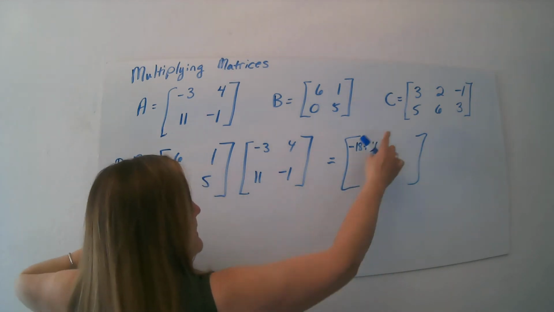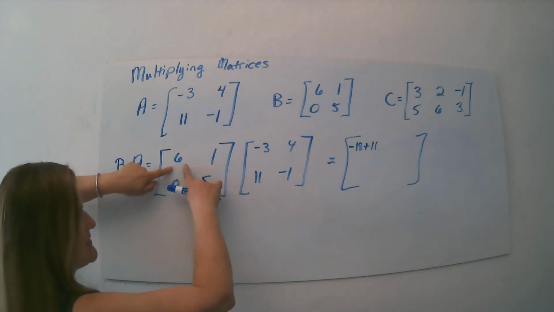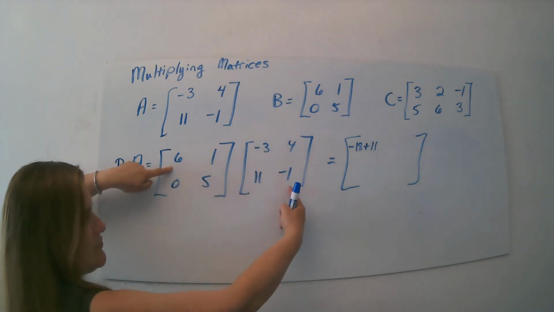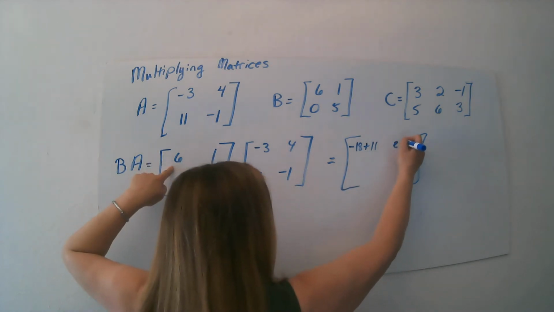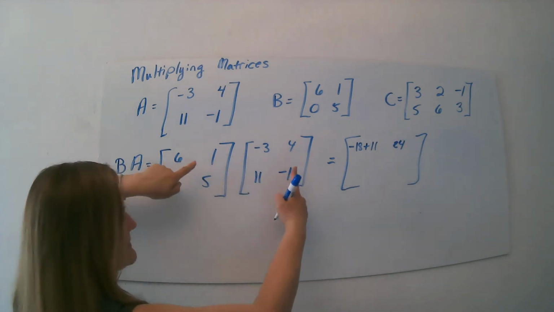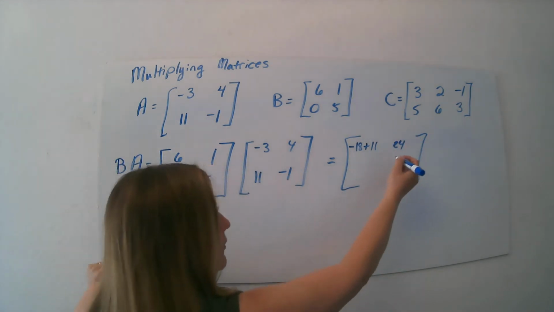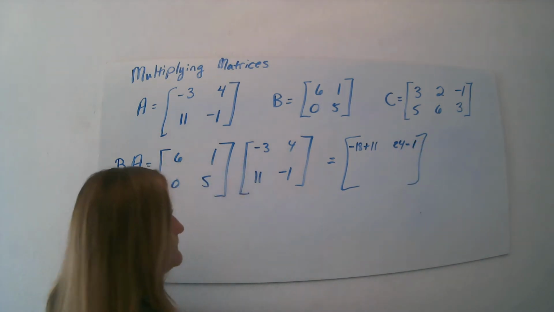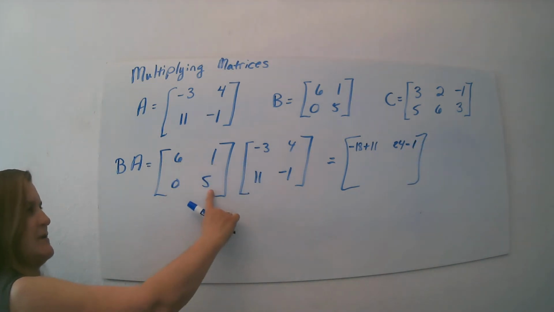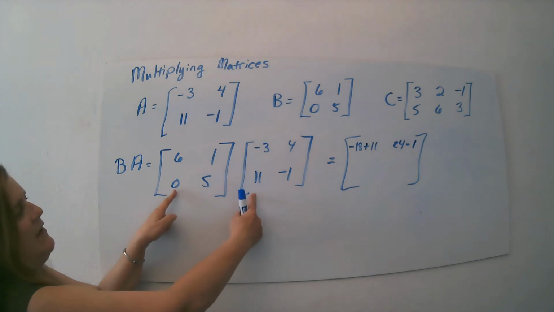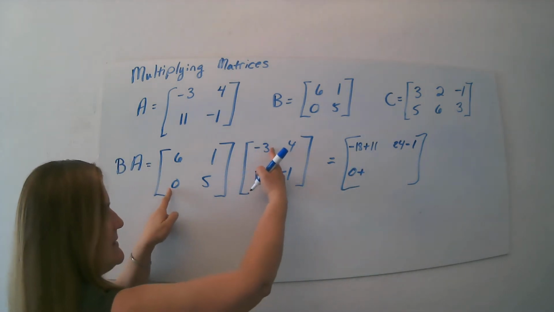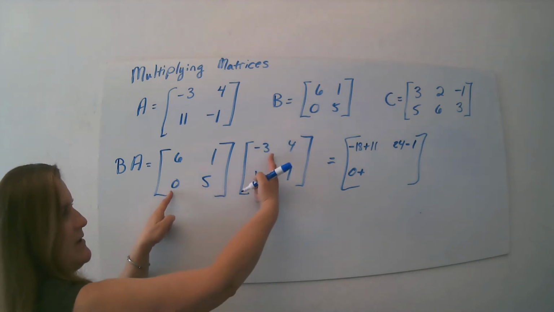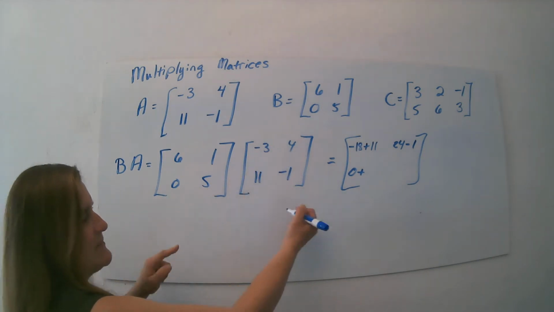Let's move on to the next column. So still on row 1, now we're on column 2 over here. 6 times 4 plus 1 times -1. Let's move down to the second row, first column. 0 times -3 and 5 times 11.